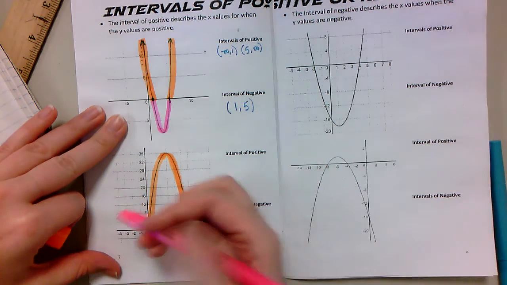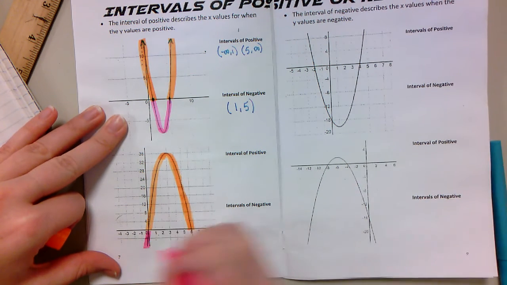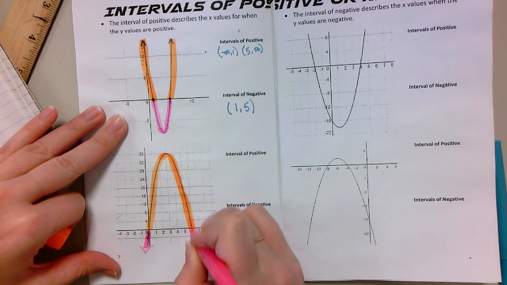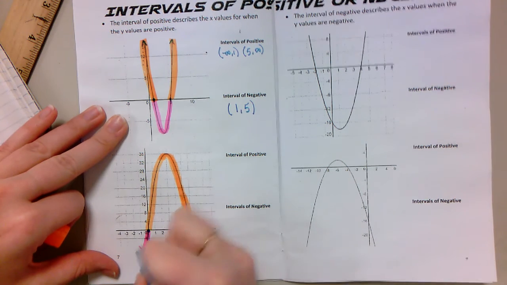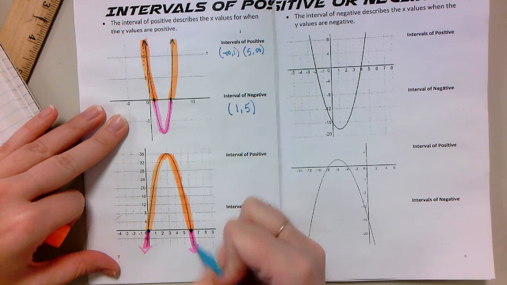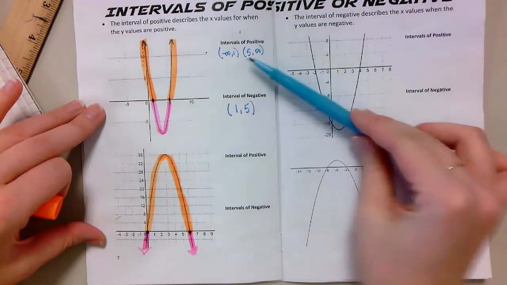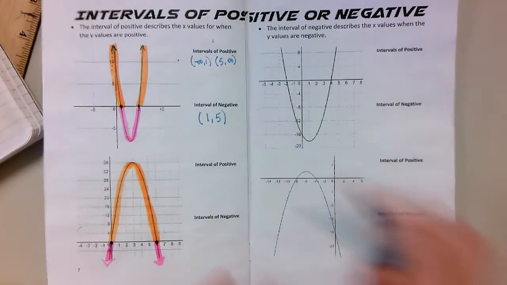And then the interval of negatives would be down here and down here. So again, from this point all the way forever, negative. And from this point all the way forever, positive. So how would we write that? Hint, hint. Let's look at this one and do this one together.